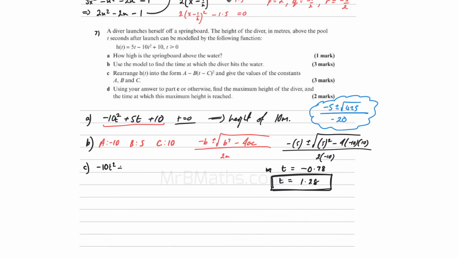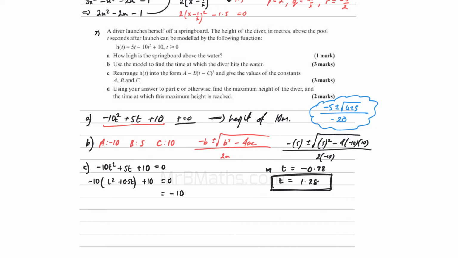Negative 10 t squared plus 5t plus 10 equals 0. We obviously need to factor the 10 out, so we can do the following. Negative 10, open bracket, t squared plus 0.5t, close the bracket, plus 10 equals 0.